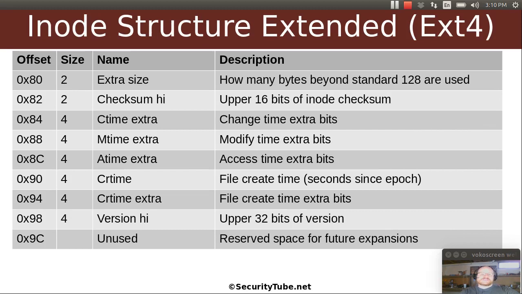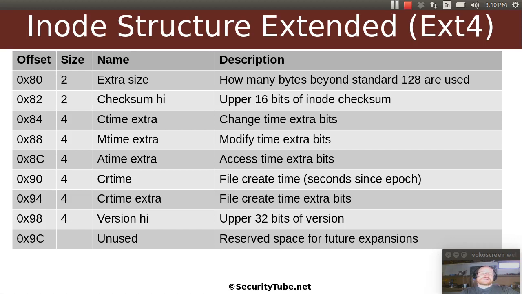Following that, we have the extra size. The extra size says, all right, a standard inode would have ended right now. So the first 2 bytes, we say how much additional storage is used in this inode. Then we have a checksum, and we have change, modify, and access times. And then here is something new.